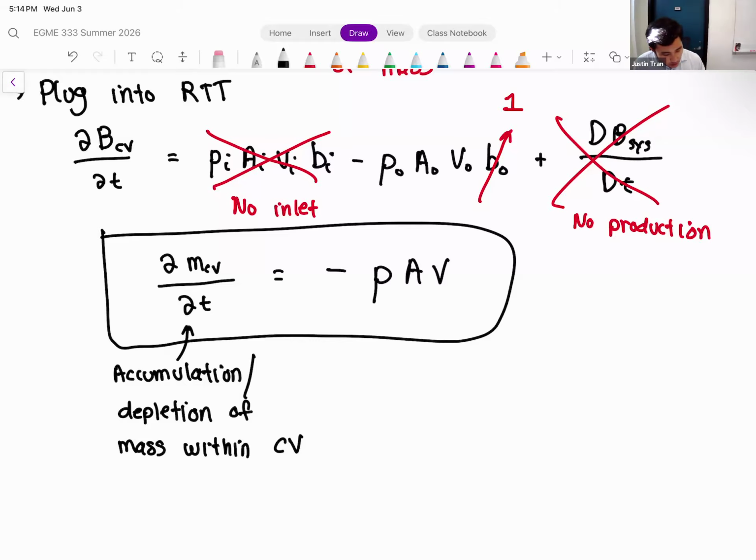To finish off the lecture today, I do have a couple of miscellaneous topics. The next one's actually kind of important. It is what we call the general form of Reynolds transport.